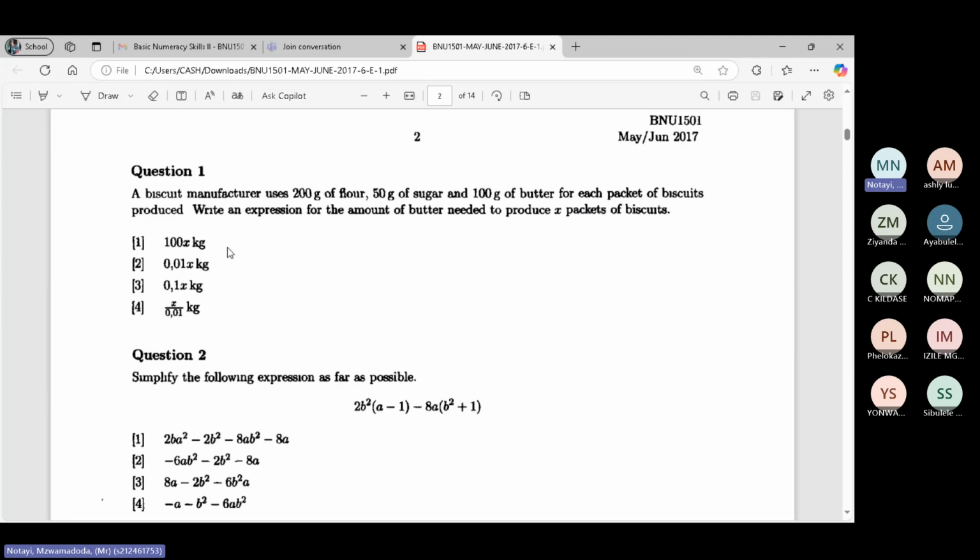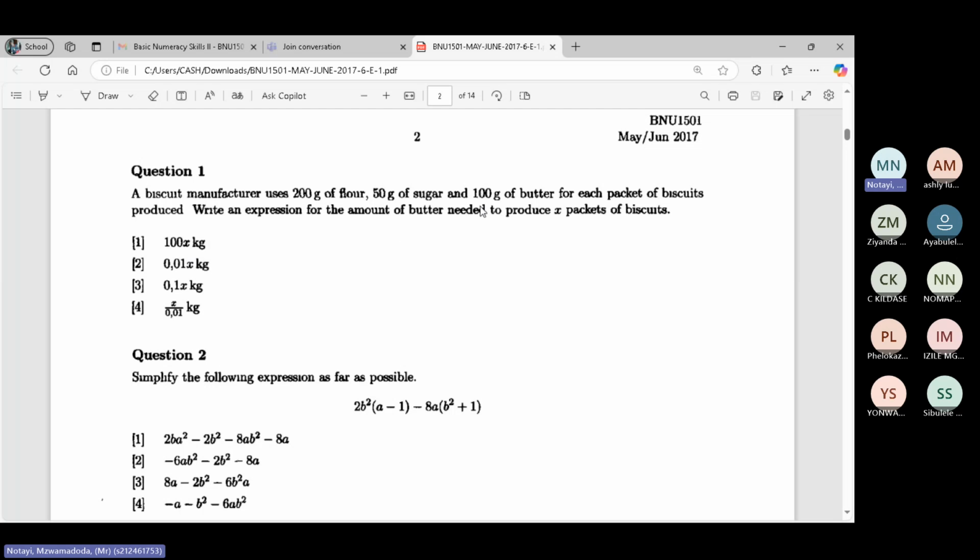If all of these were in grams, we would take number one as 100X grams, but now we have 100X kilograms. So the first one is out, so we have to convert the 100 grams into kilograms.